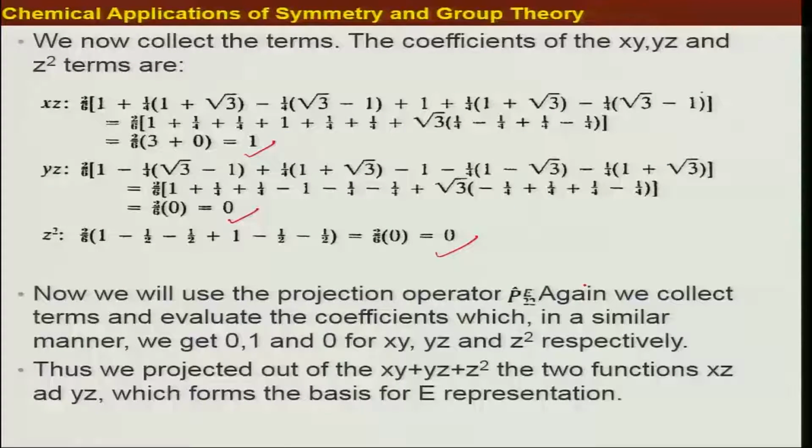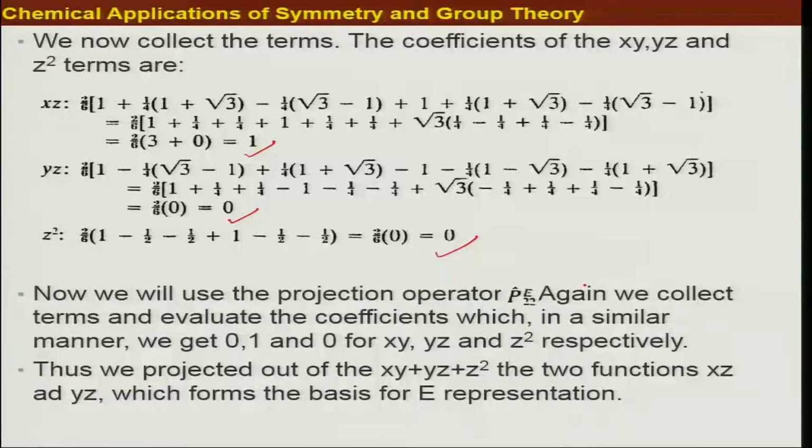So in a very similar way, when we do it and ultimately collect all the terms and find out the coefficients, we get the coefficient for yz to be equal to 1, and the rest of the two, that is xy and z square, give us 0.